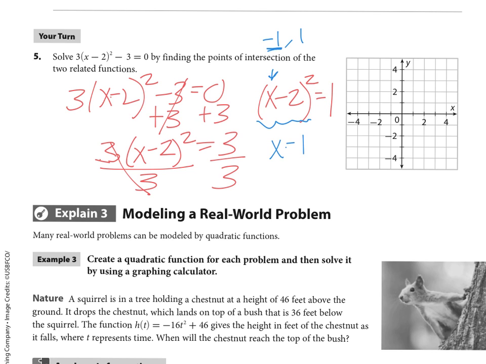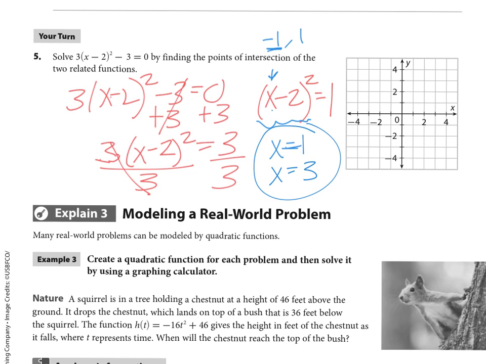So if x is 1, that's going to give me 1 minus 2, which is -1 squared, which gives me 1. What can I plug into x to get a positive 1? Well, I could plug in x is 3. If I do 3 minus 2, I get 1. 1 squared is 1. So that's another way to think of it.